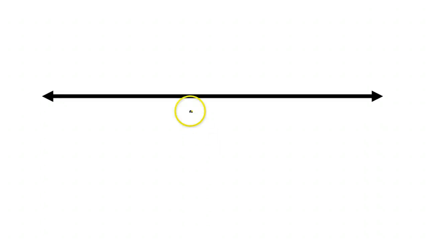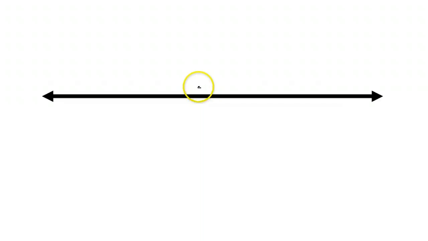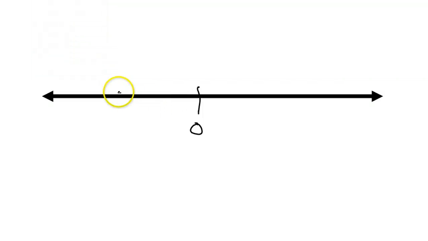Okay, where is my number line? I'm going to just do a simple sketch. I'm going to put 0 here in the middle, and over here I'm going to put my negative radical 2, and over here I'll put my positive radical 2.